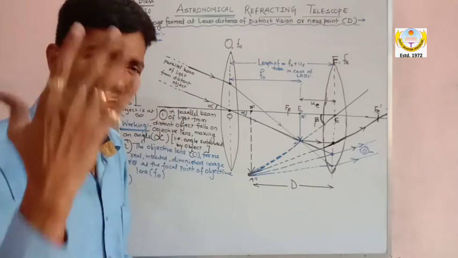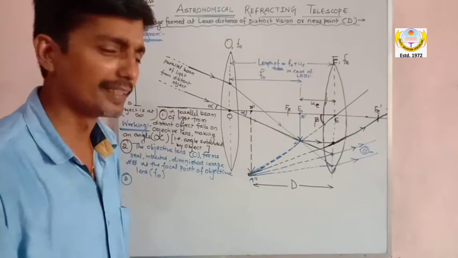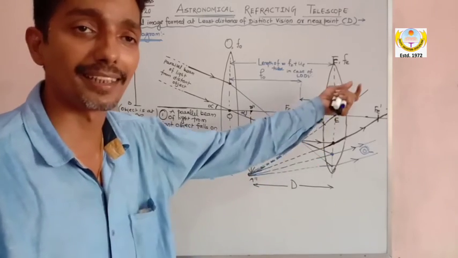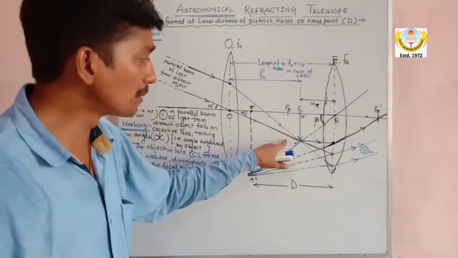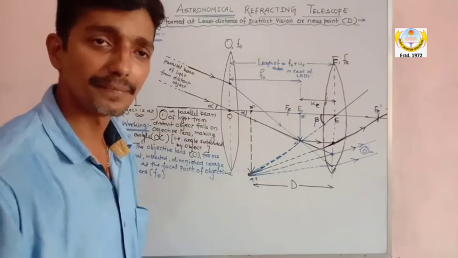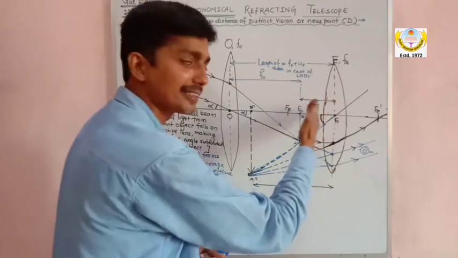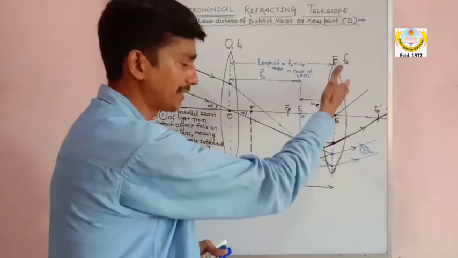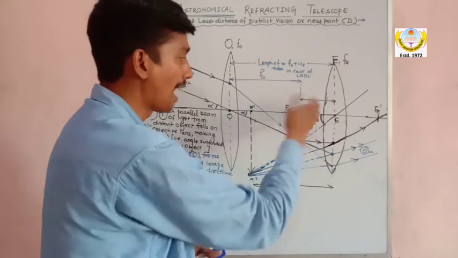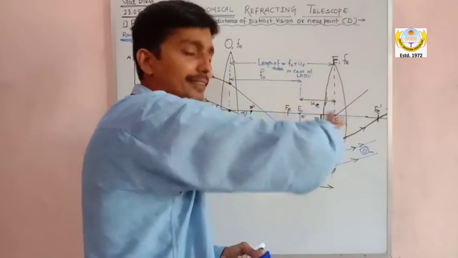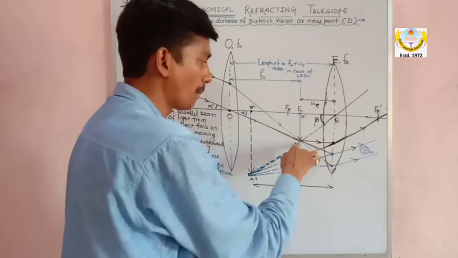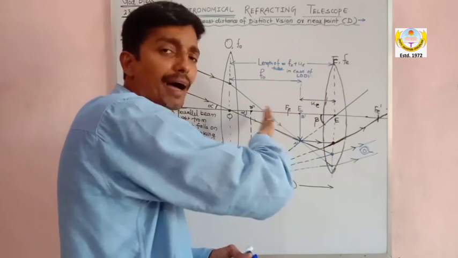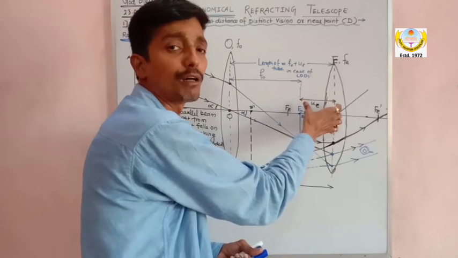Now my dear, this image A dash B dash can be seen, and it's normal human understanding, we have done such concepts. Now this image A dash B dash is now the object for the eyepiece. I will adjust the eyepiece in such a way that this object, which is acting as the object for the eyepiece, will lie within the focal length of the eyepiece, at a distance of UE.